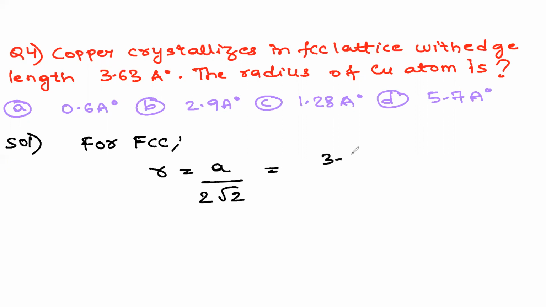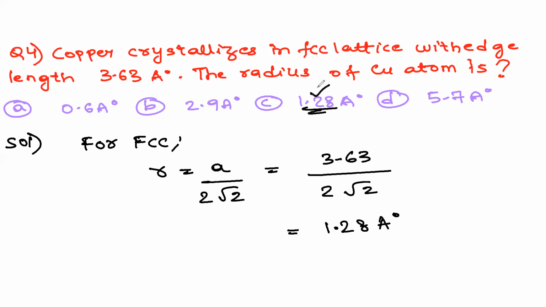So R is equal to 3.63 angstroms divided by 2 root 2, and root 2 value is 1.414. By substituting and calculating, we got the answer 1.28 angstroms. So the answer is option C.